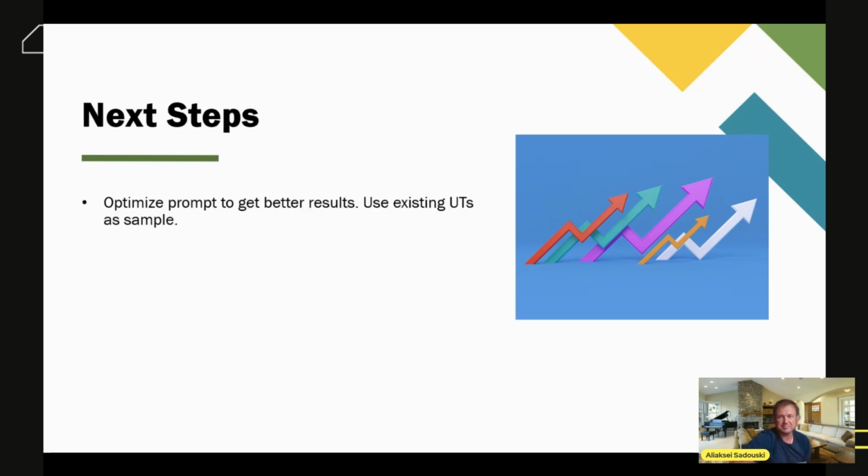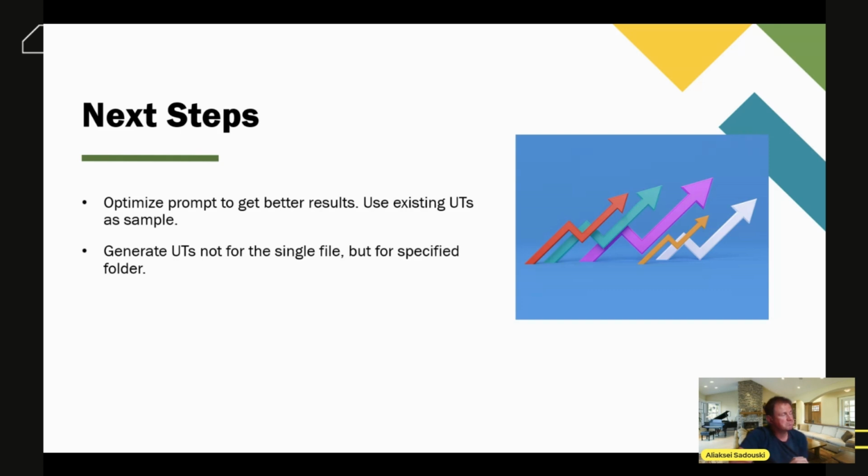What can be the next steps here? Still, the prompt can be optimized better. For example, we thought about why not feed the AI with existing unit tests if they exist, and it can use them, for example, as a sample to generate imports and the rest.